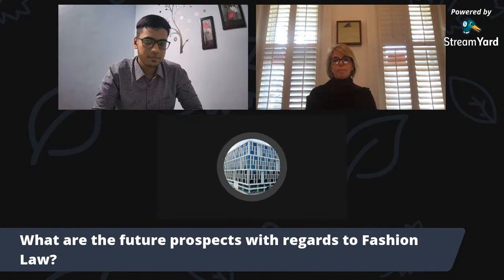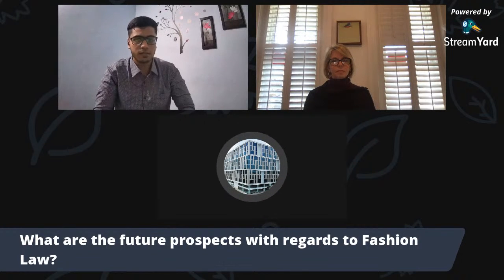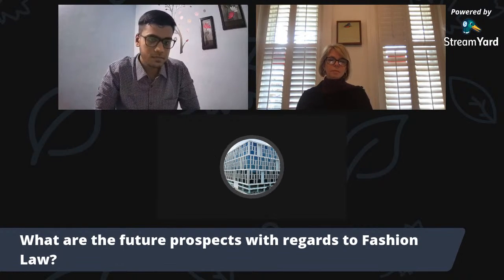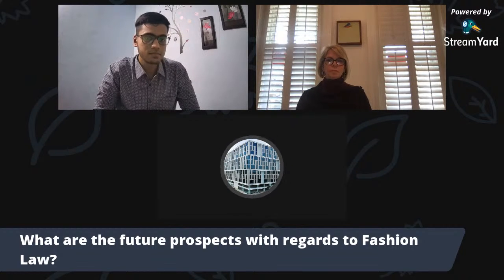We're going to see a variety of different kinds of areas crop up, whether it's piracy, counterfeiting, infringement suits, any kinds of fashion related IP protection, fashion negotiation related legal issues, or legal agreements between parties. I think that's going to bring forward a huge amount of scope.